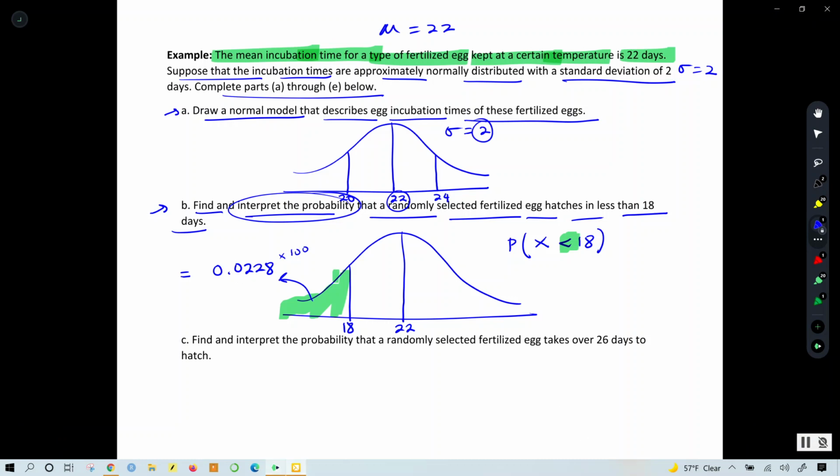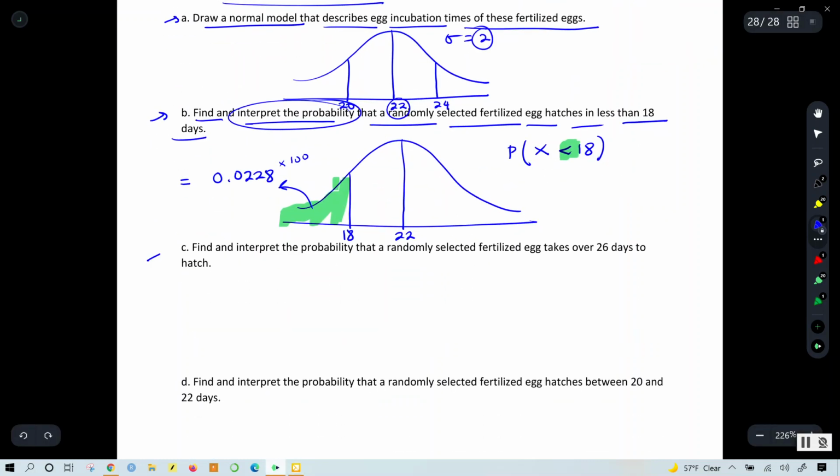This means that in 100 trials of this experiment, if I pick 100 eggs, I expect about 2 of them to hatch in less than 18 days. Another way is to say that the probability that a randomly selected fertilized egg hatches in less than 18 days is 0.0228.